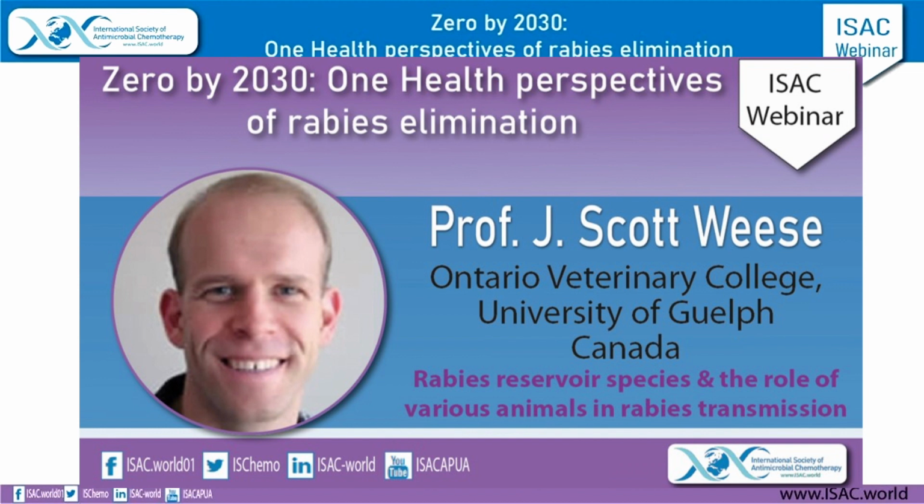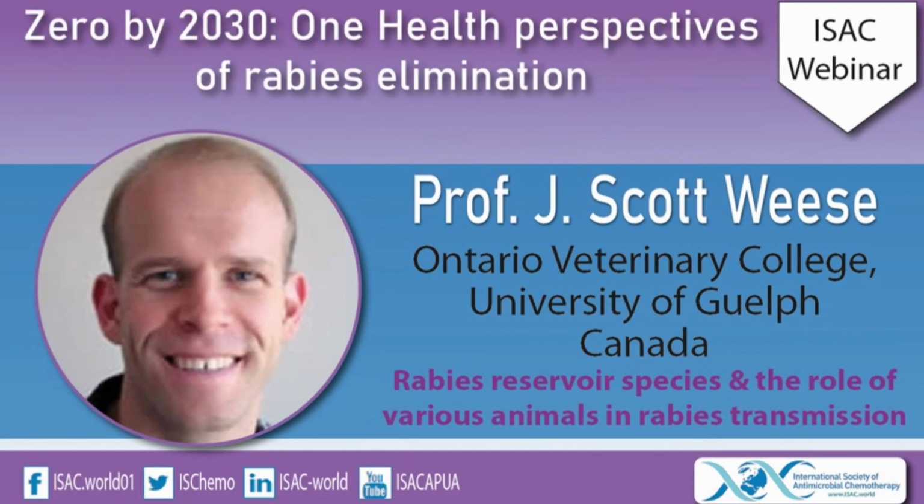Now we'll move to Professor Dr. Scott Weese. He is a veterinary internist with a diploma of the American College of Veterinary Internal Medicine and a fellow of the Canadian Academy of Health Sciences. He is a professor at the Ontario Veterinary College, University of Guelph, director of the University Center for Public Health and Zoonosis, and chief of infection control at the Ontario Veterinary College Health Sciences Center.